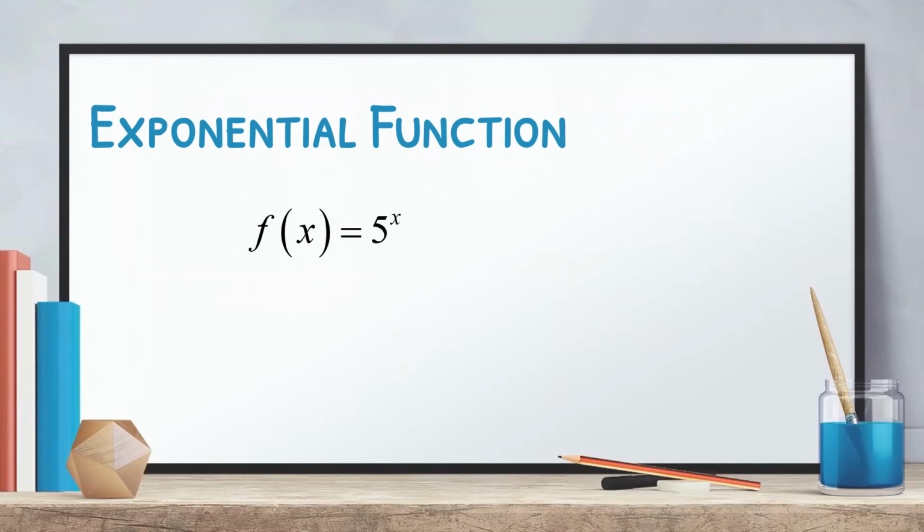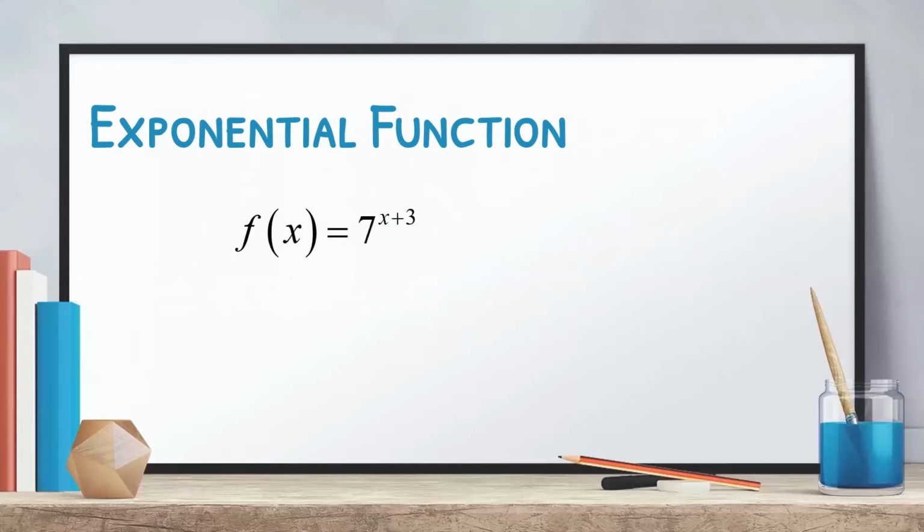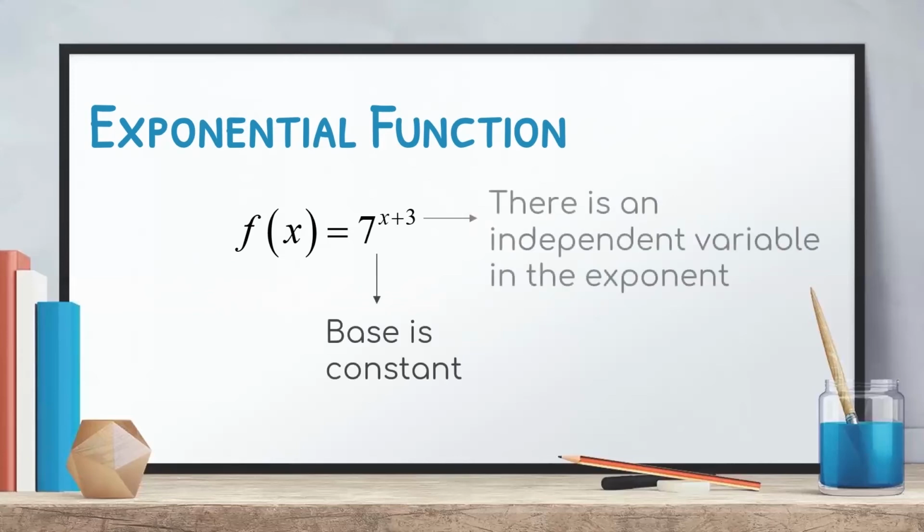F of x equals 5 raised to x is an example of an exponential function where the base is 5 and the exponent is x. F of x equals 7 raised to x plus 3 is also an example of an exponential function with base 7 and exponent x plus 3, where the independent variable x is present.